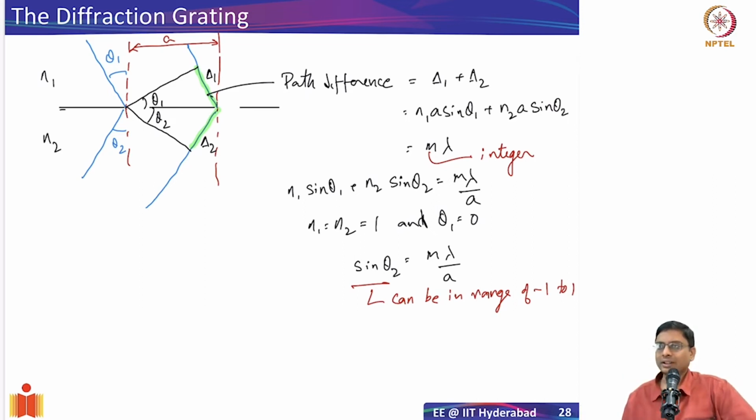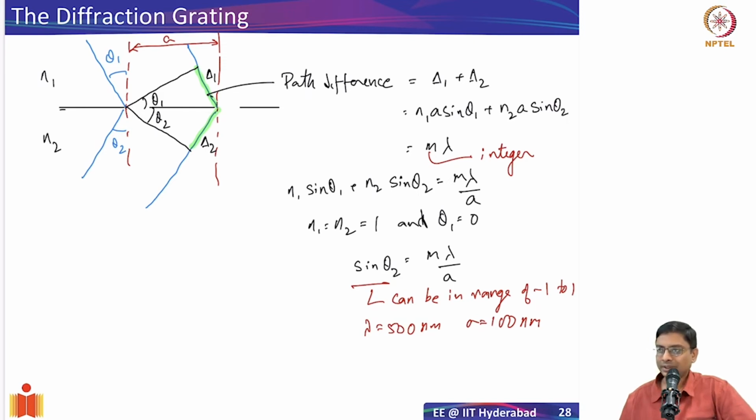let's consider another scenario wherein lambda is 100 nanometers and a is 500 nanometers. Then I can have multiple combinations of m, various m's, for which this equation can be satisfied between 0 and 1.